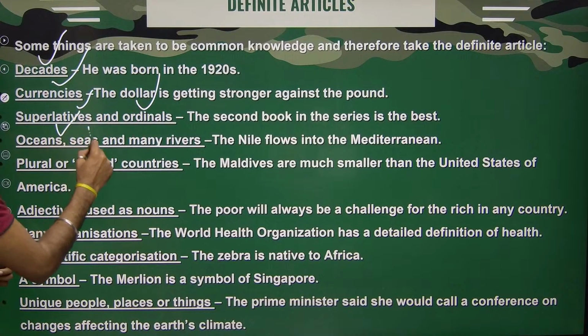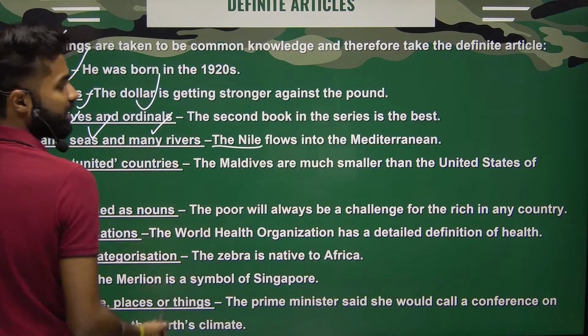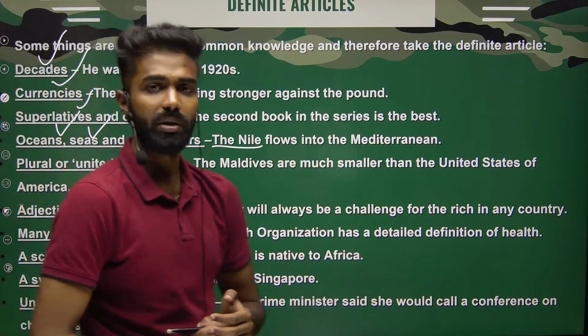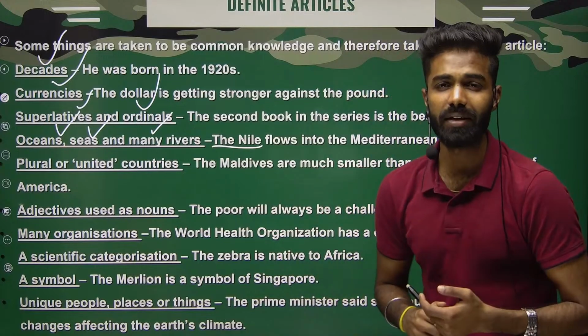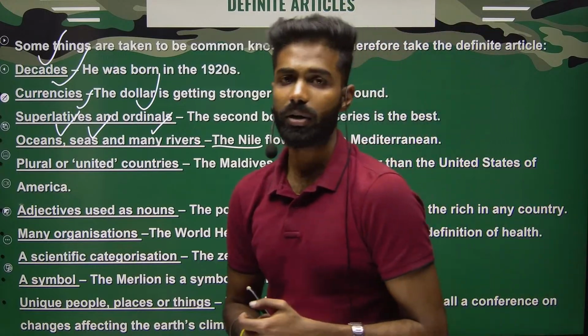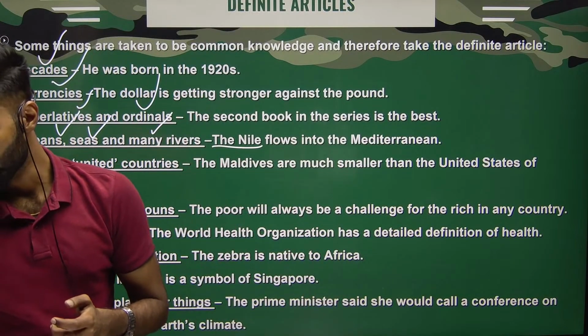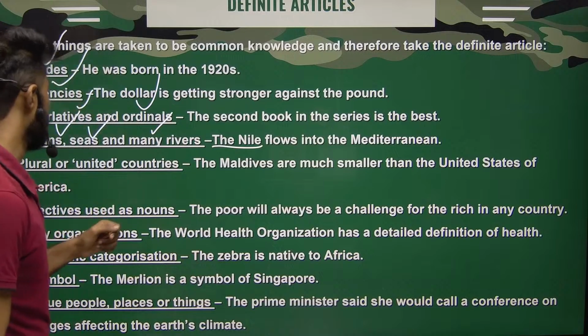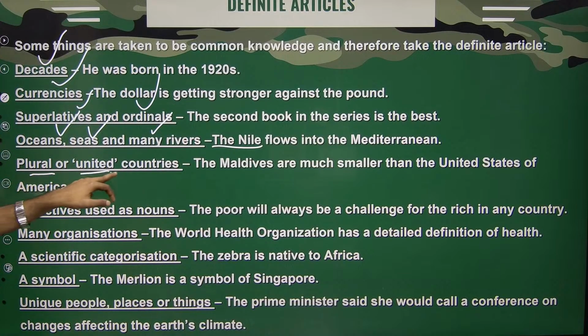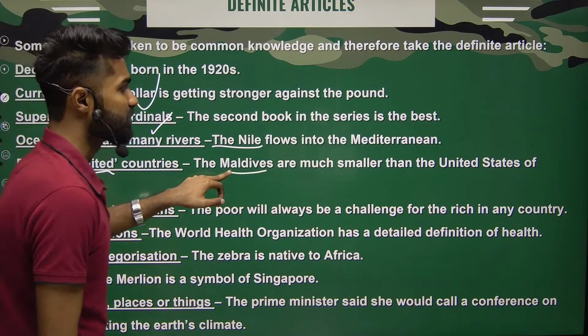Also for oceans, seas, and rivers: the Nile flows, the Pacific Ocean, the Arabian Sea, the Indian Ocean, the Kaveri, the Krishna, the Godavari. So whenever you're talking about rivers and such, always make sure that you are using a definite article. Plural or united countries, for example, the Maldives.